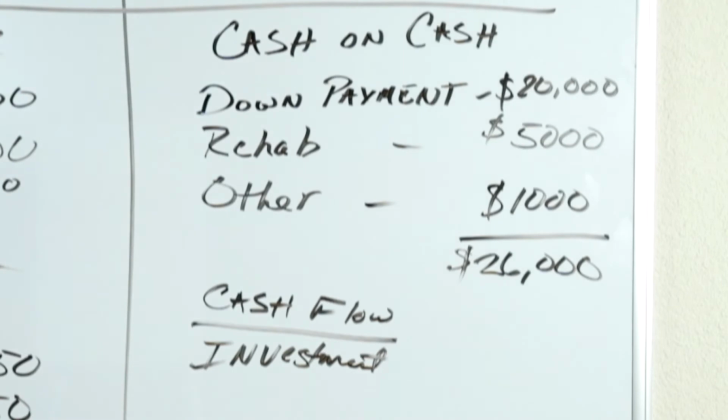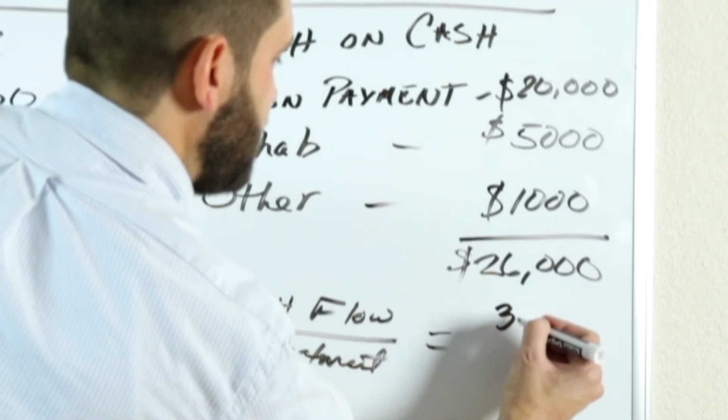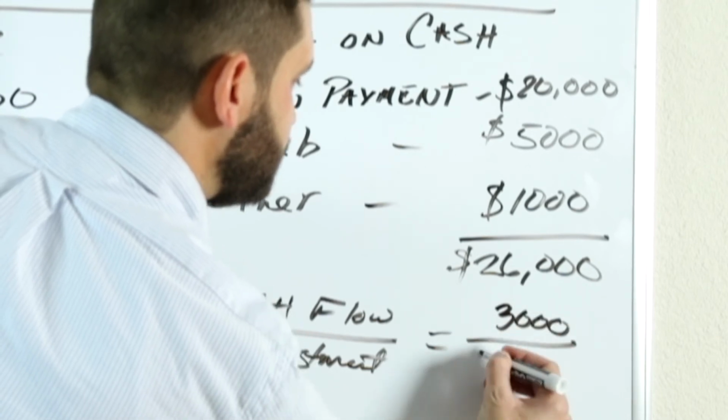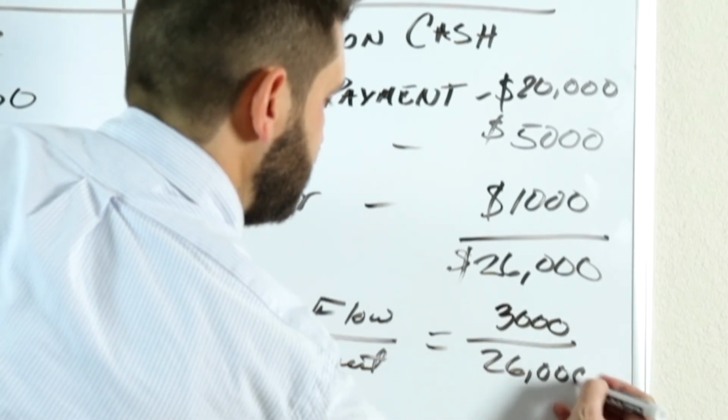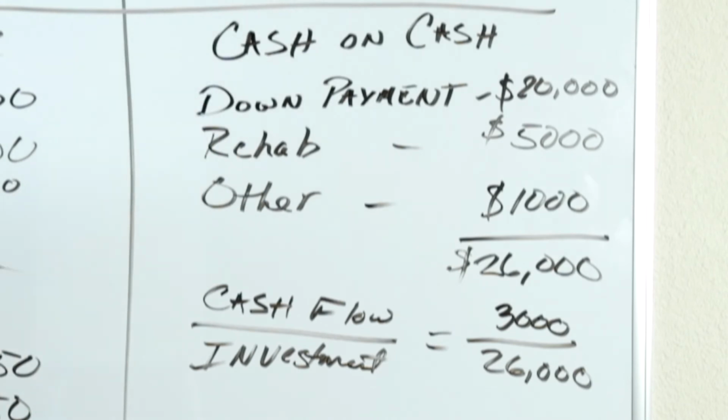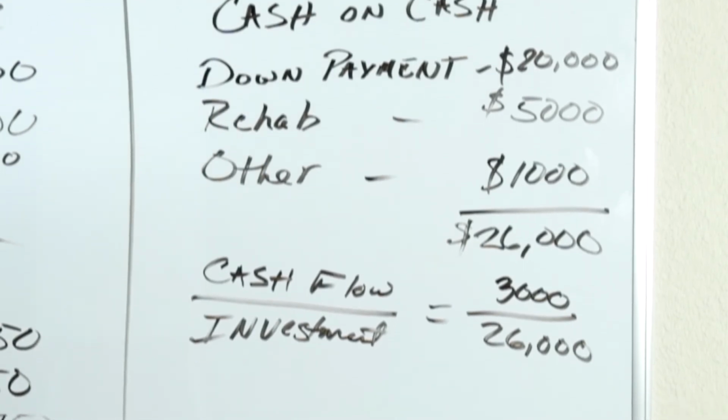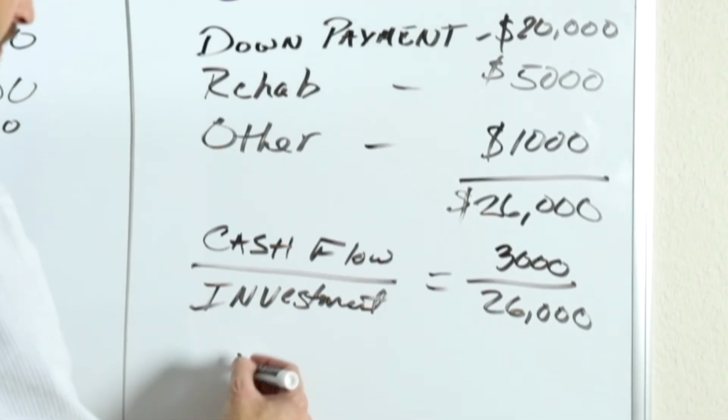Okay, remember the investment is only the actual cash that you've put into it. It's not the $80,000 that I have a loan on. It's the cash that I've invested. So the $3,000 divided by $26,000, and I think that's going to come out to right at 11.